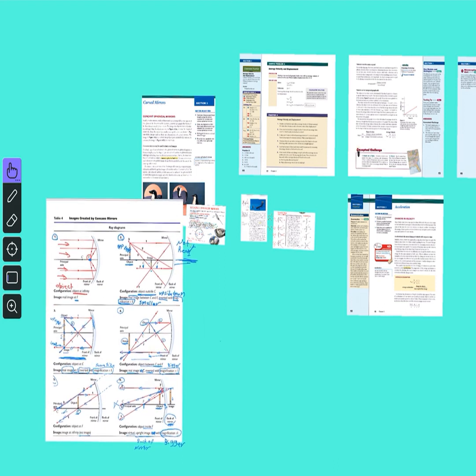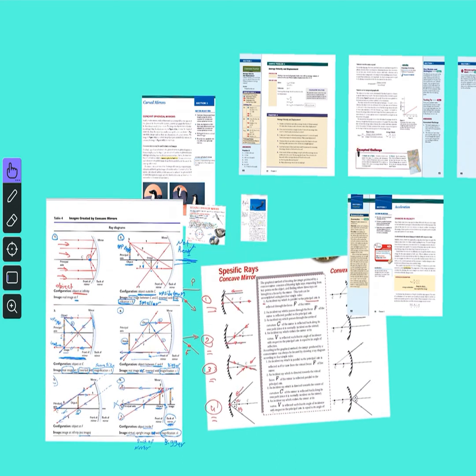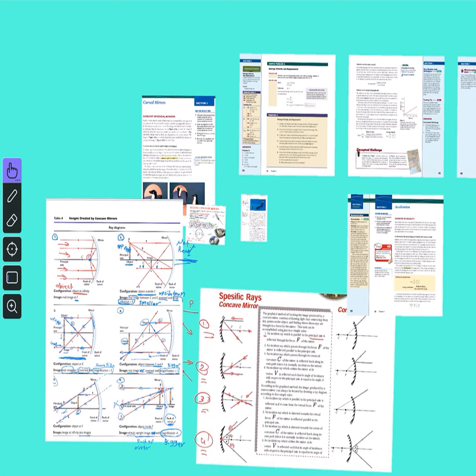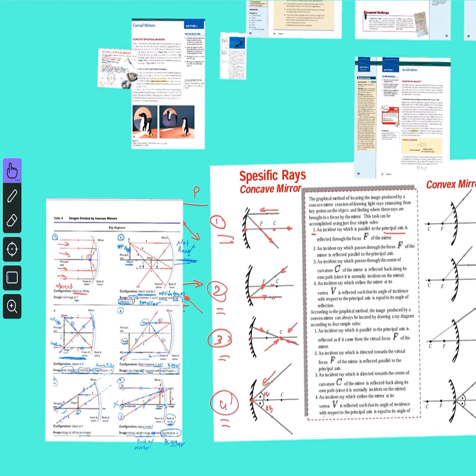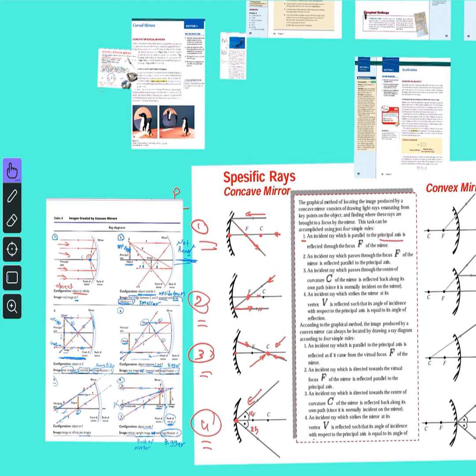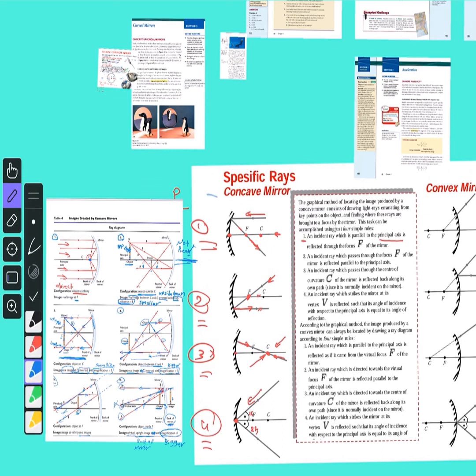We will explain them all for the concave and for the convex also, and we will have some rules for making them, guys. Then I will come back to the specific rays. If you do not understand the specific rays, you won't be able to understand this slide. I will come again.